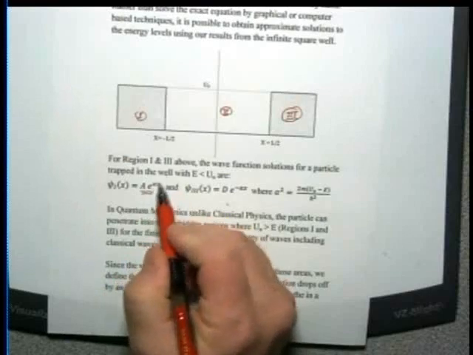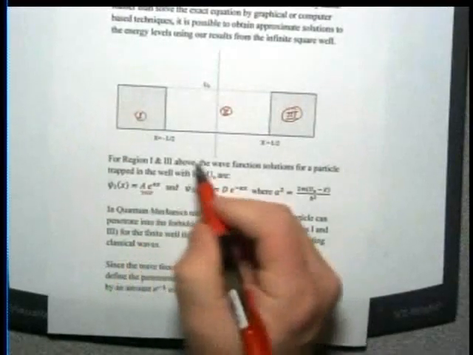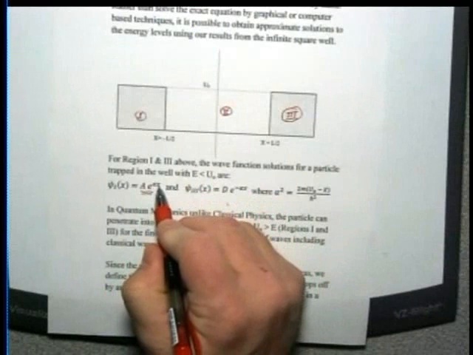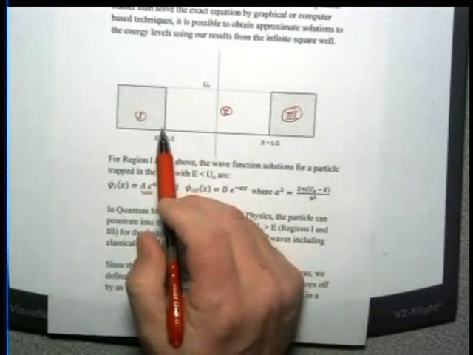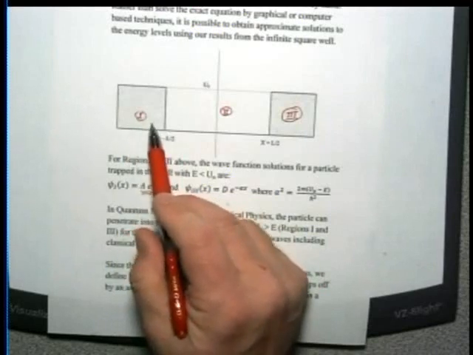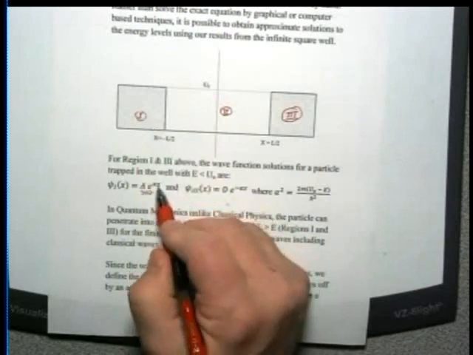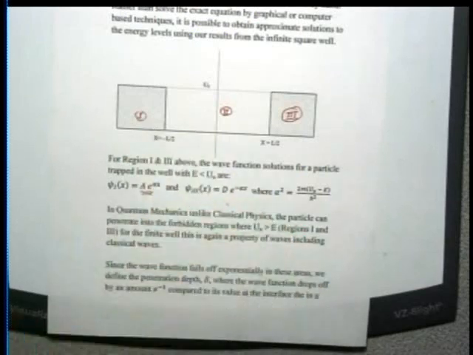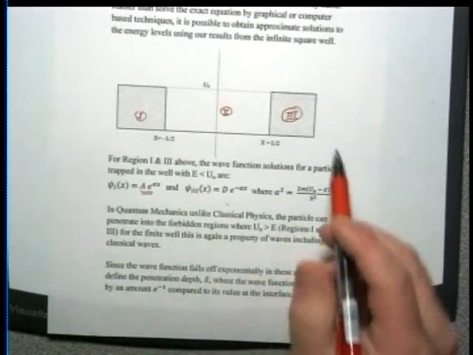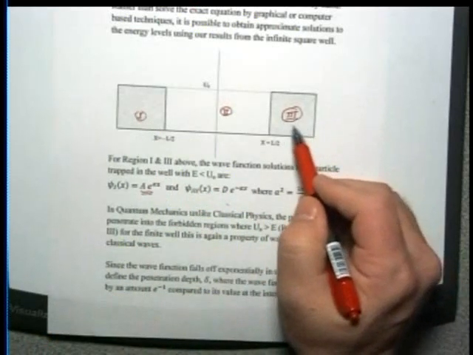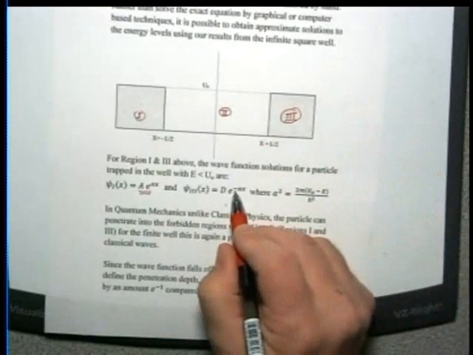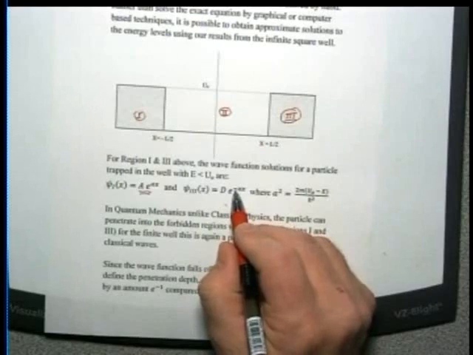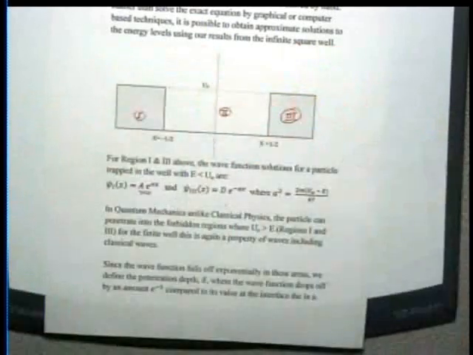Now this may look funny to you because it says e to the alpha x. Doesn't this go to infinity? No. Because x is what type of number over here? Positive or negative? Negative. So when you put a negative number here, this makes this a negative exponent. Over here, x is a positive number. So to make this go to 0, this has to have a negative in front of it. In both cases, they are decreasing exponentials.